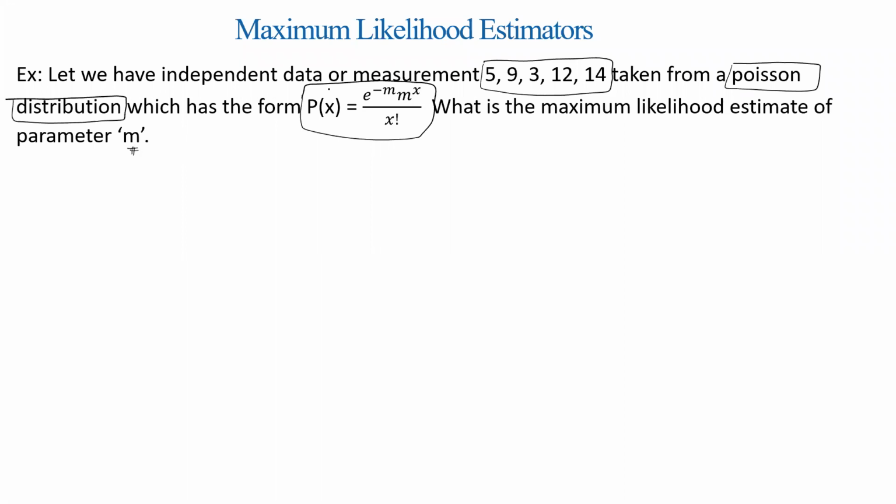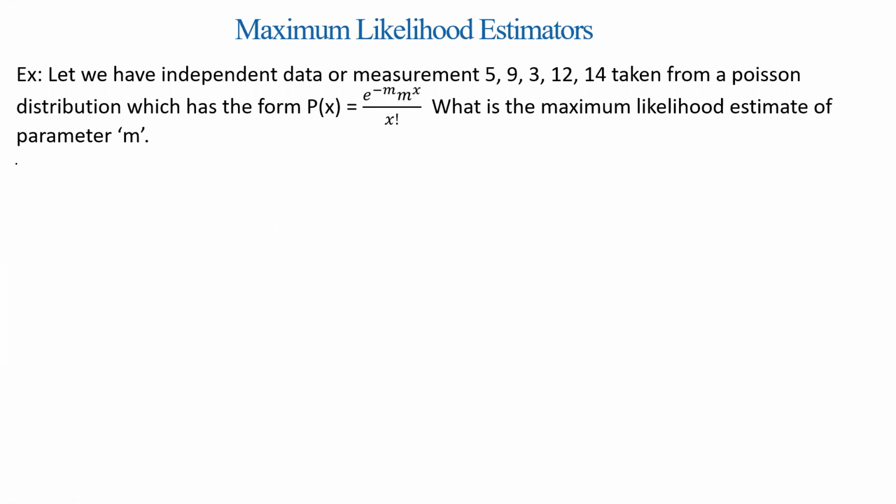The maximum likelihood estimator is a type of estimator which estimates the parameter of the distribution. If you look at the P of X, I have only one parameter M. So I just have to find the maximum likelihood estimation of M in this case.